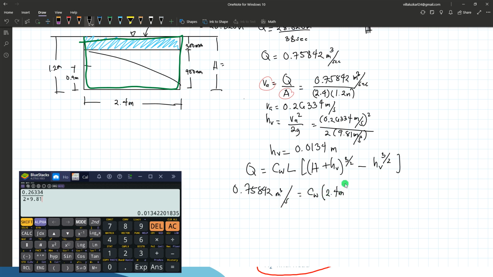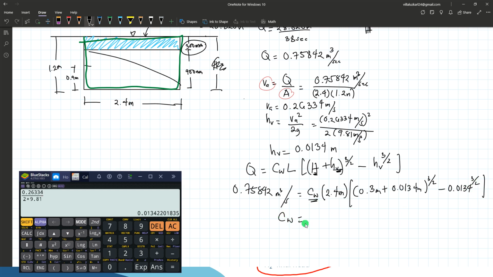L is 2.4 meters, then multiplied by H. The H here is the head of the opening of the channel. That's 300 mm or 0.3 plus the velocity head 0.0134 raised to 3 halves minus 0.0134 raised to 3 halves.